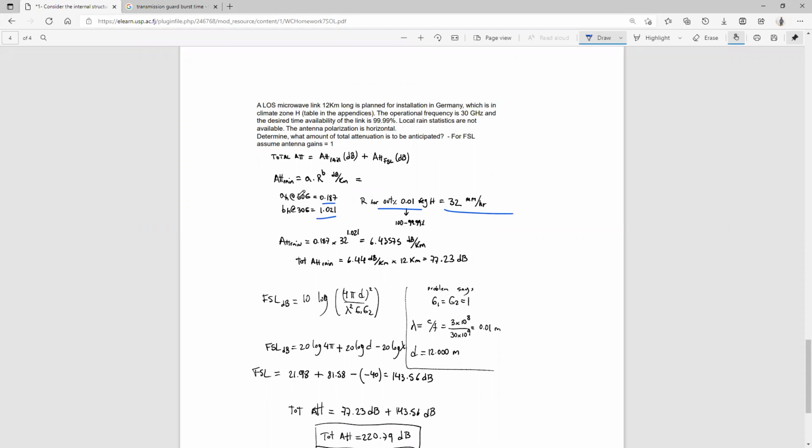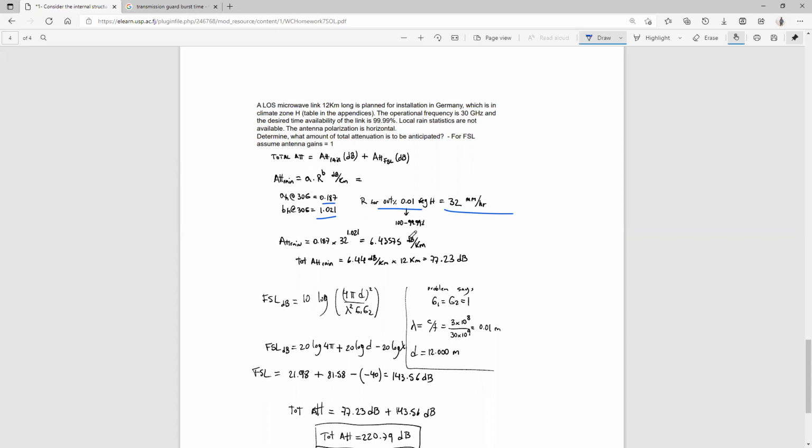Once you have the values for A, B, and R, we directly take these values and substitute them into this formula. So substituting the values, we get 0.187 times 32 to the power of 1.021. It is going to give us 6.44 dB per kilometer. So this is still not the attenuation.